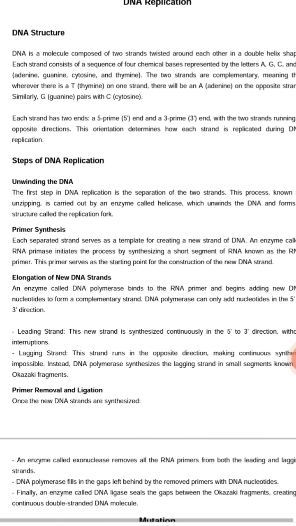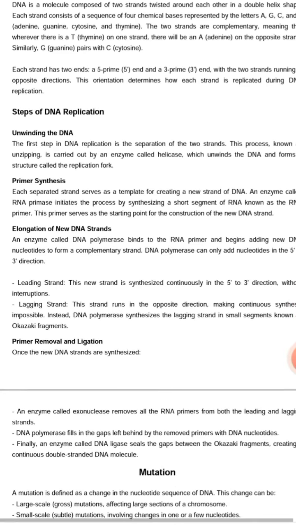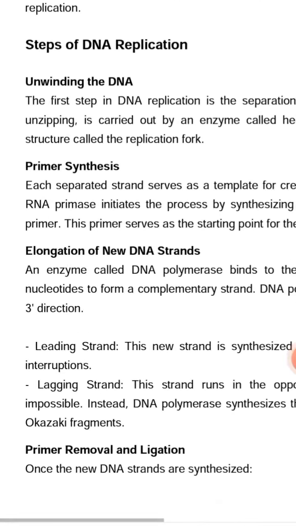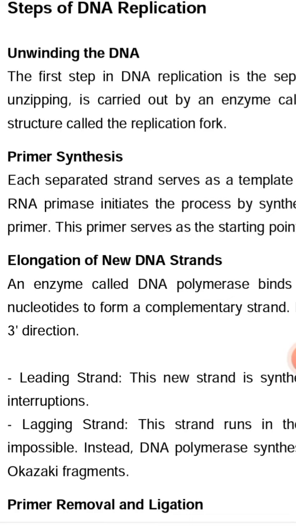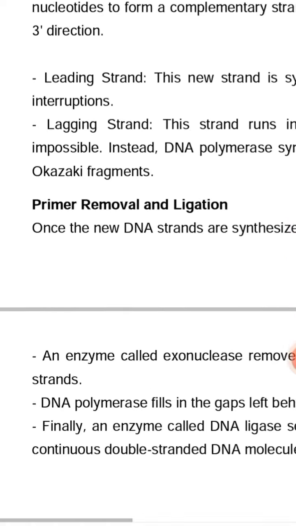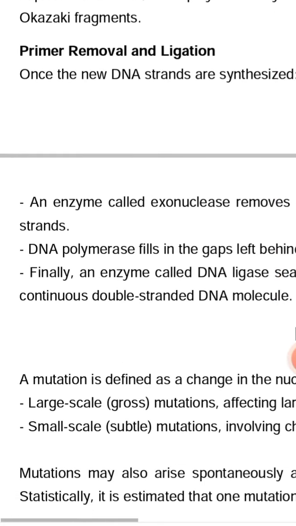And so the first step in DNA replication is the unwinding of the DNA, followed by the RNA primer synthesis, then the elongation of the new DNA strands. Then we have the last stage, which is the primer removal and ligation process.